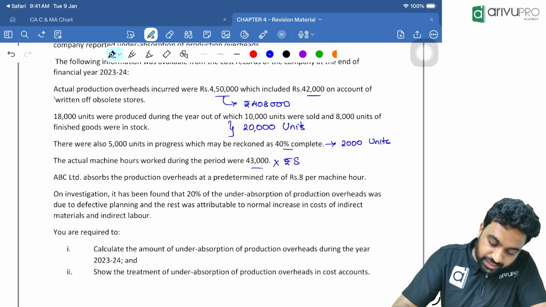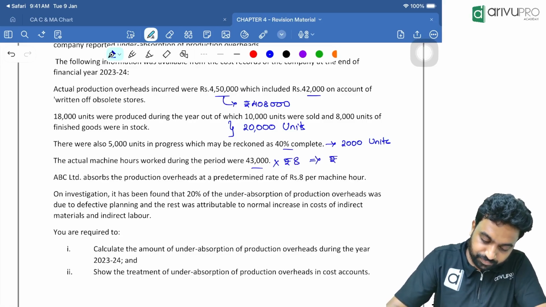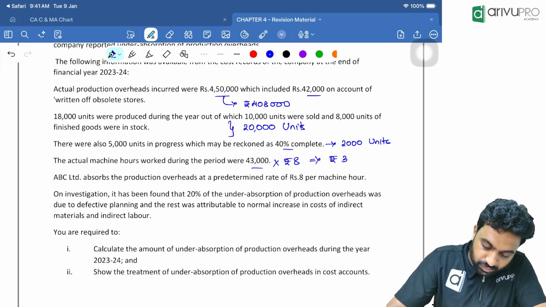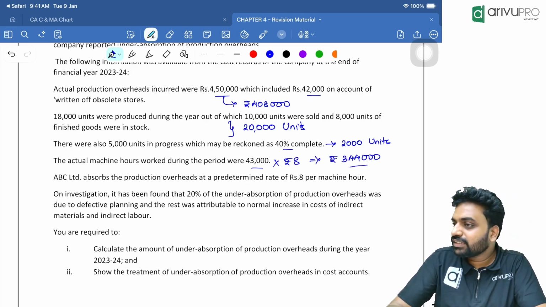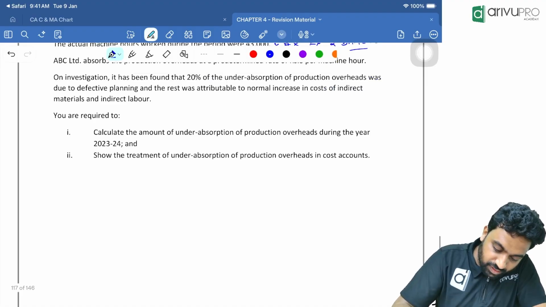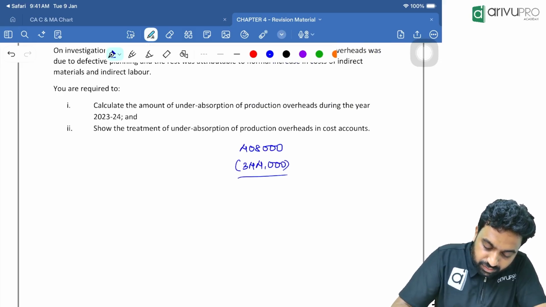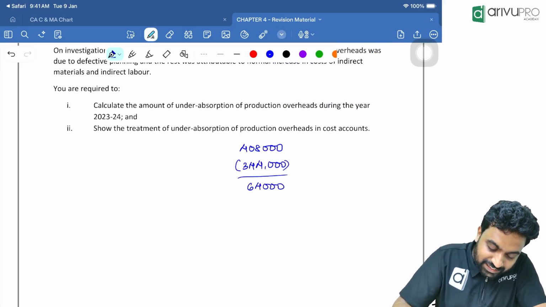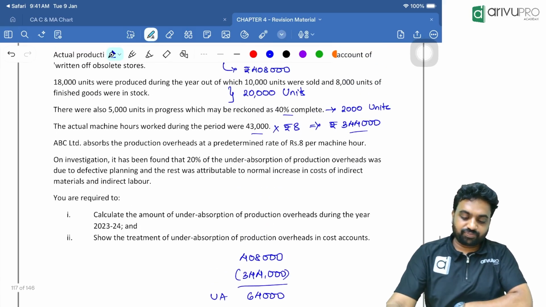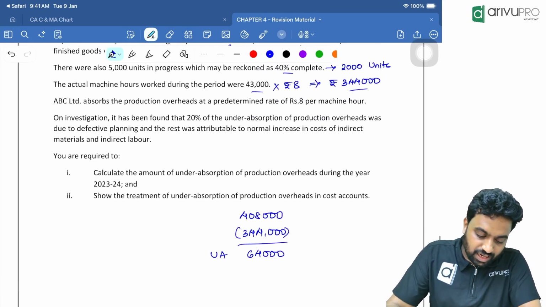Here they have told 8 rupees per machine hour. How much? 3,44,000. Guys, actual is 4,08,000. Absorbed is 3,44,000. 64,000 is your under absorption.